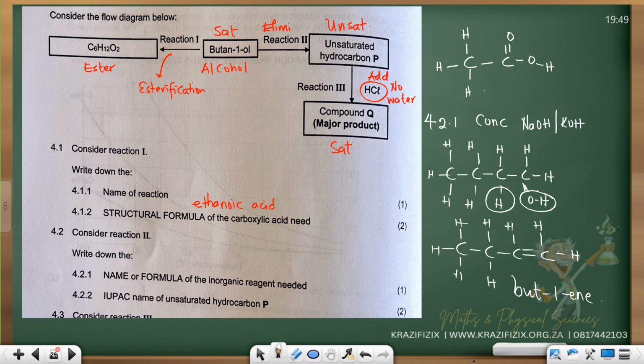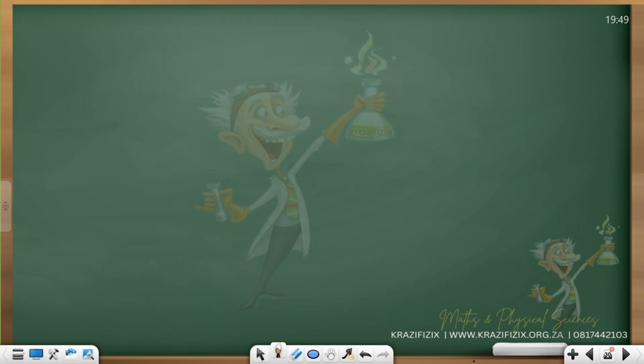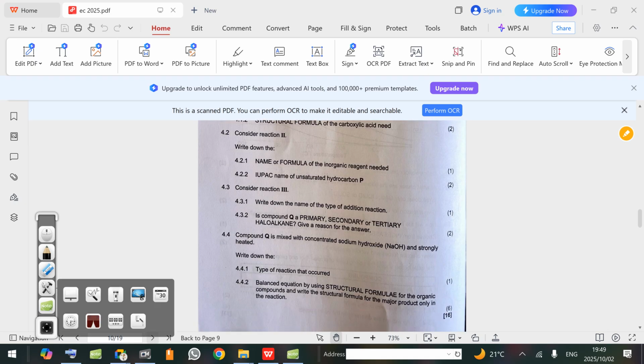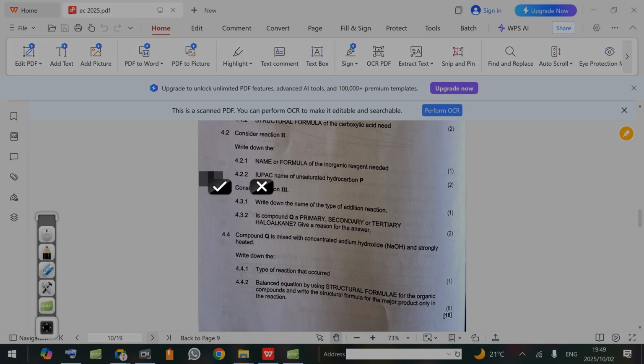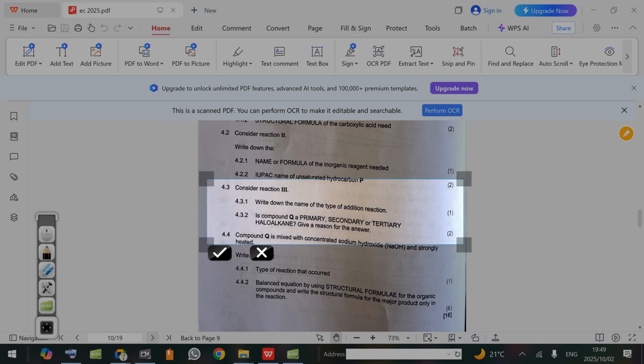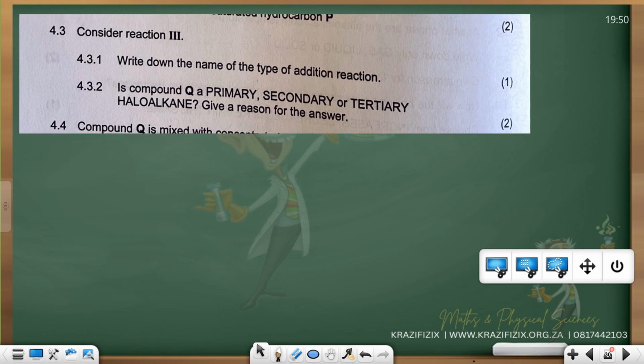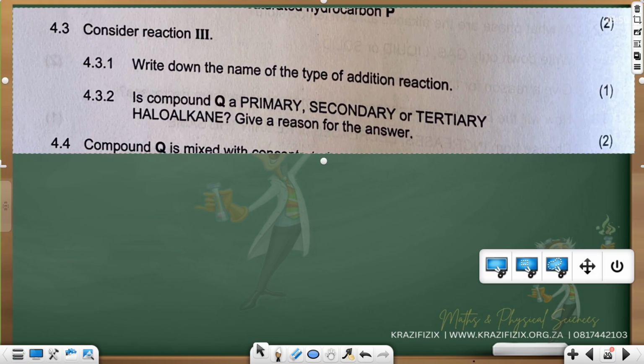All right. 4.3. Let's see. For reaction 3, write down the name of the type of addition. So even if you didn't believe my story before, you should believe it now.